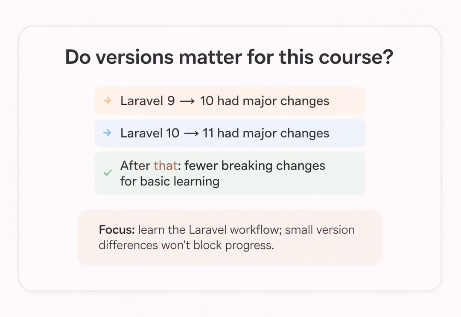Some jumps, like Laravel 9 to 10 and 10 to 11, introduced bigger changes. But for learning the core workflow, routes, controllers, views, database migrations, the differences between nearby versions usually won't stop progress. The main constraint is often PHP compatibility. If the environment only provides a certain PHP version, that can limit which Laravel version can run comfortably.